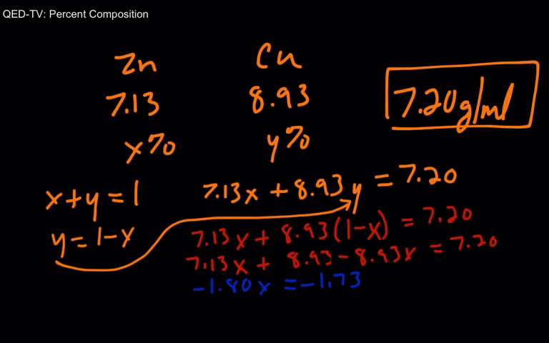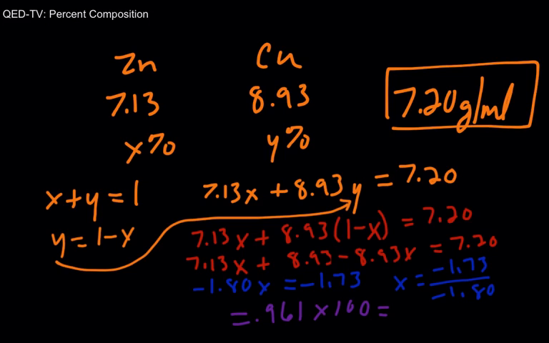And then X would equal negative 1.73 divided by negative 1.80. And if you put that in your calculator, you'll get 0.961.